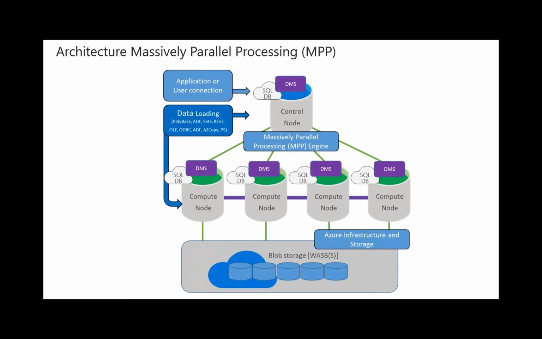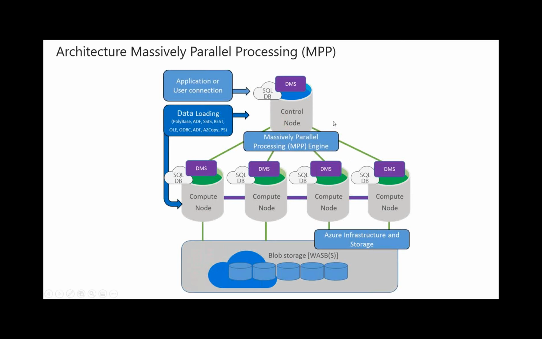Main difference with symmetric multiprocessor system, as you've seen here, each compute node has its own memory, its own CPU, and is looking at a specific part within the storage. That's going to increase the performance. That's why it's so good for loading and working with terabytes of data.